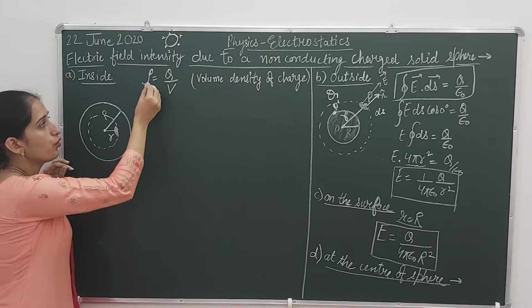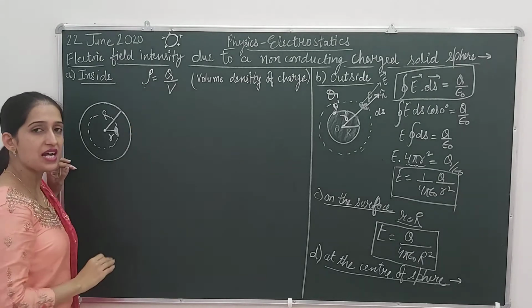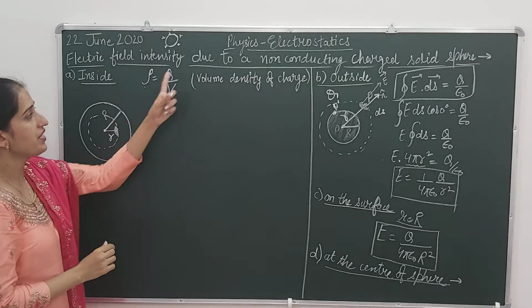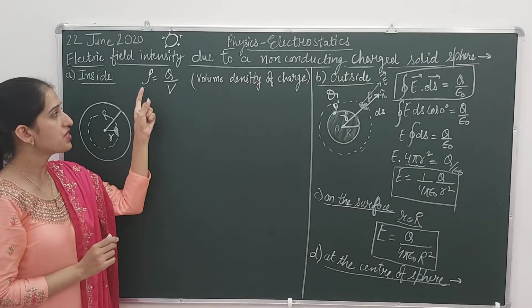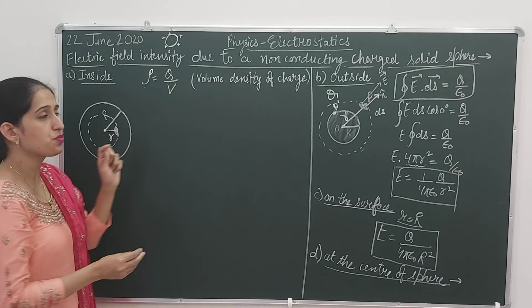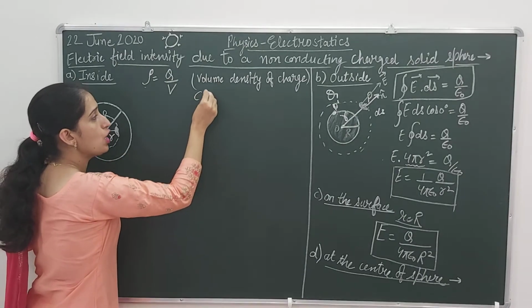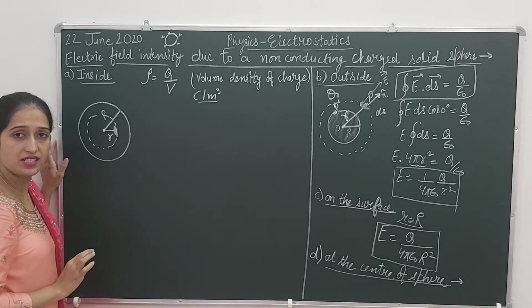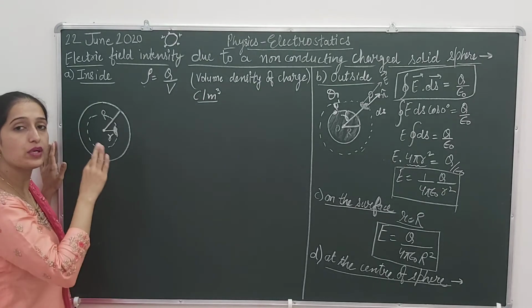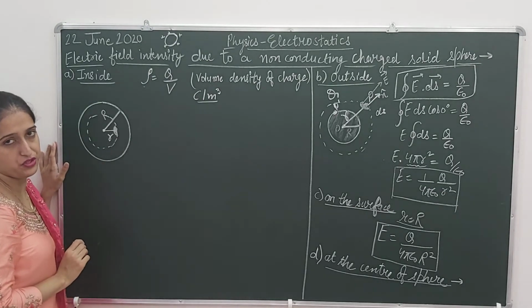We know rho is the volume charge density, which is given by charge per unit volume. Its unit is coulomb per meter cube. This thing we have already discussed when we were doing the topic of continuous charge distribution.